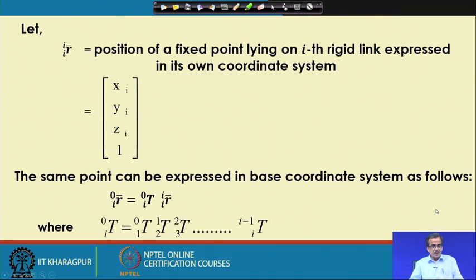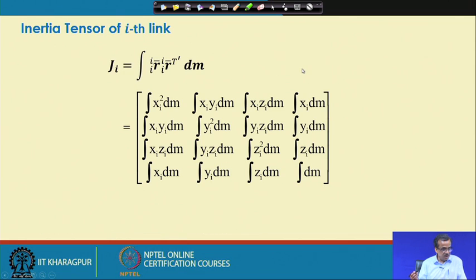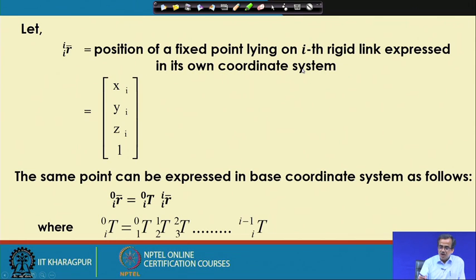Now, here this r I with respect to I, that is the position of the ith particle lying on the ith link, is denoted by x I, y I, z I. So, this is the coordinate, and this particular one I am just putting to make this position vector a 4 cross 1 matrix.